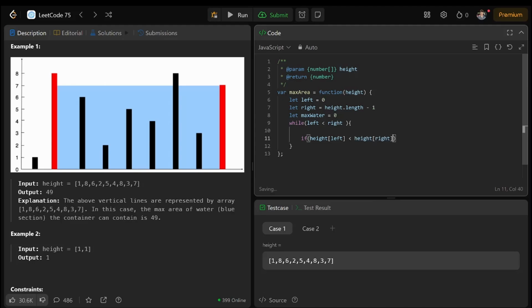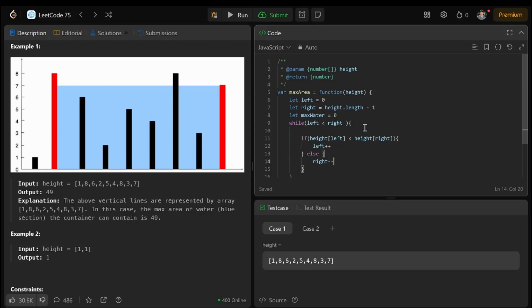So in the case that our left pointer, in this case 1, is smaller than our right pointer, which is pointing at 7, then we want to move the left pointer. And the only other possibility is that the right pointer is smaller. So in that case, we would move the right pointer.